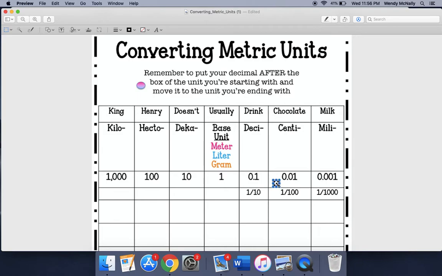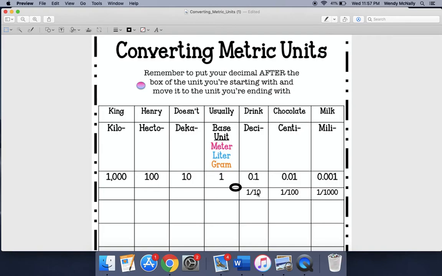So after our one base unit, you have your deci, which is D in drink, stands for deci. So deci means 1/10. This is how you would write that in decimal form, and this is how you would write this in fraction form.